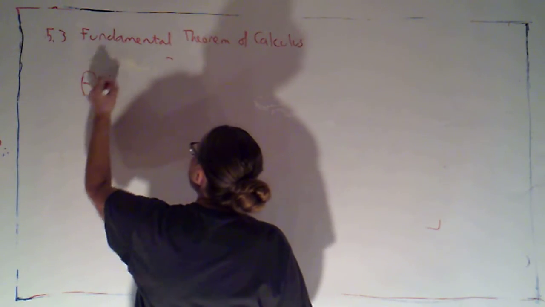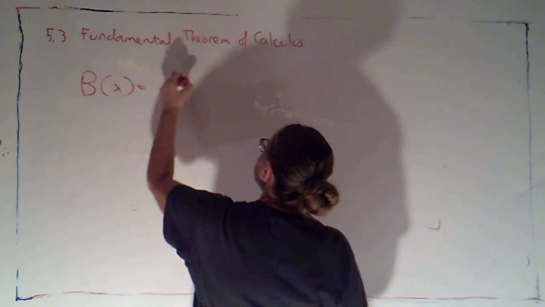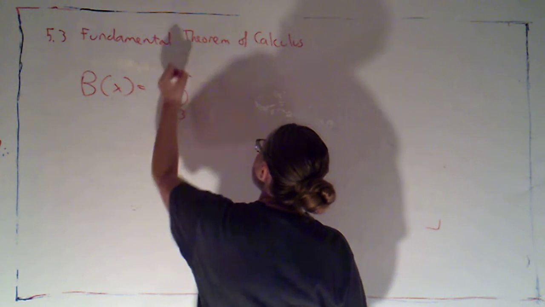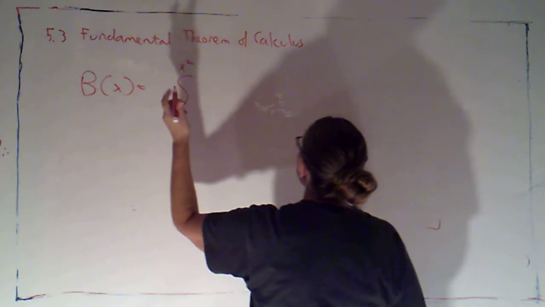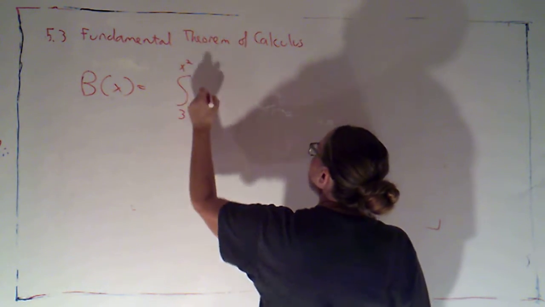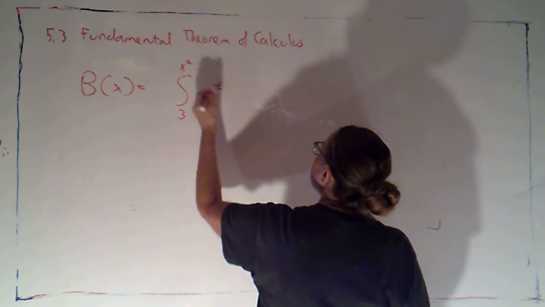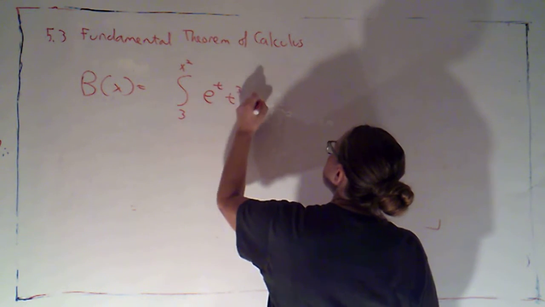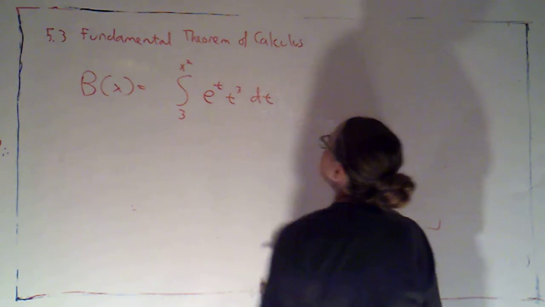Let's try this. B of x equals the integral from 3 to x squared of e to the t cubed dt.